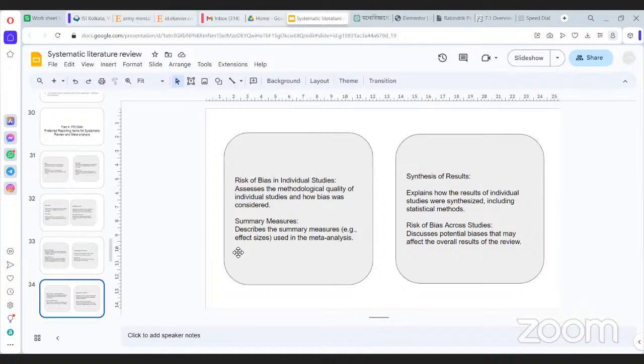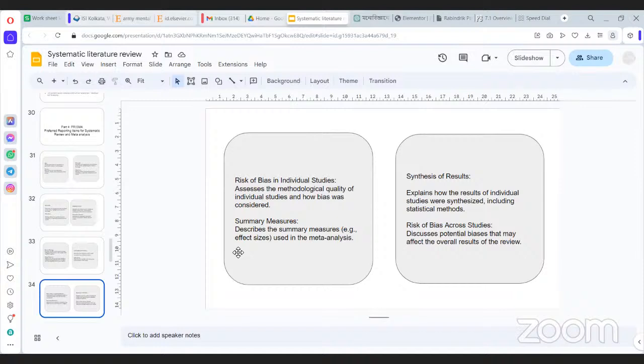And biasness, how can we overcome it? Biasness, that is by statistical tools. What particular biasness could be possible in such conditions?